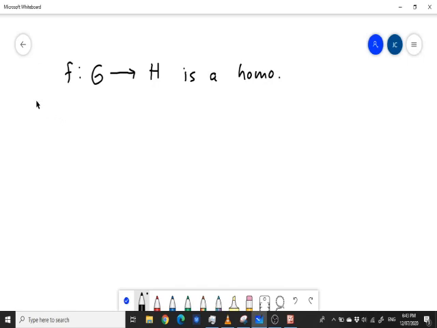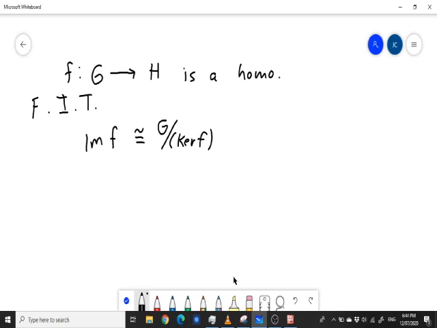The first isomorphism theorem states that the image of f is isomorphic to G mod kernel of f. That's the statement of the first isomorphism theorem.